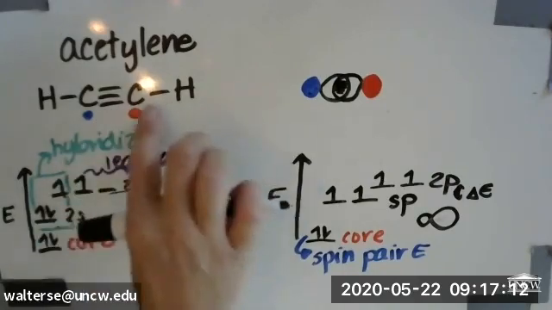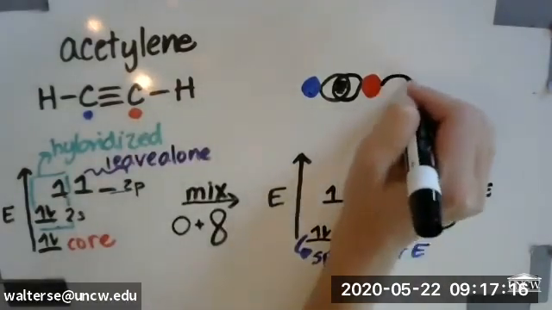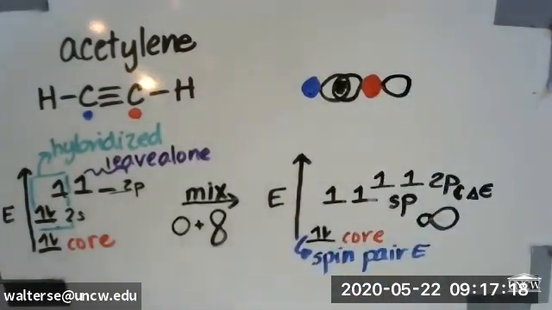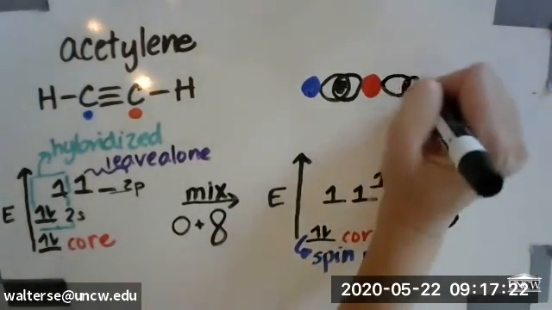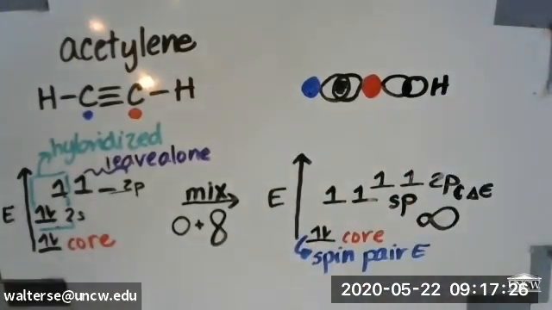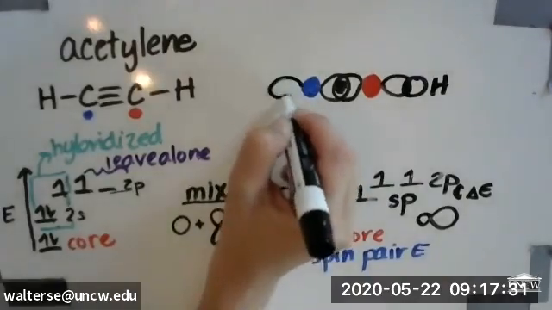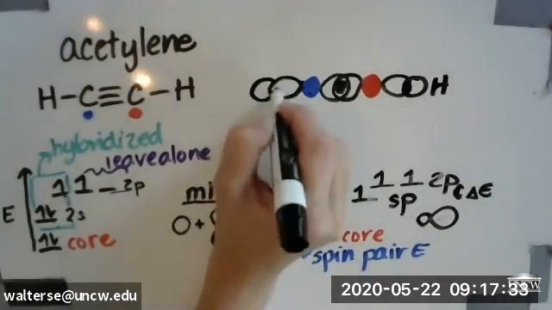Okay. All single bonds are sigma bonds, so the second sp hybrid here overlaps with the hydrogen 1s orbital, and you have a bond. Okay. And then the same thing happens over here on this side.